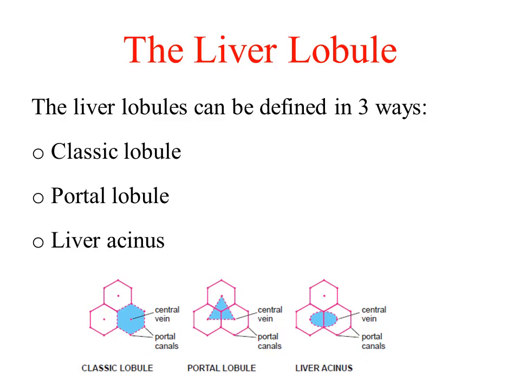In the portal lobule, you can see the area between the three central veins. This is a triangle between the three central veins. This is the portal lobule, which is also a way of dividing the liver lobules. And another one is the liver acinus. This is found between two central veins and divided into zone 1, zone 2, and zone 3. We will talk about it.